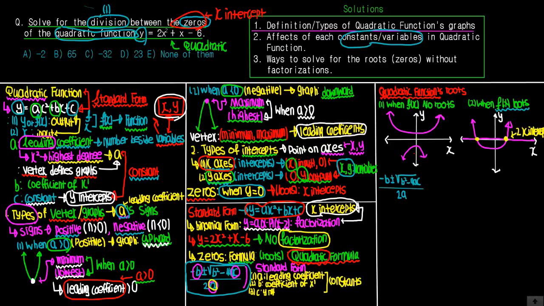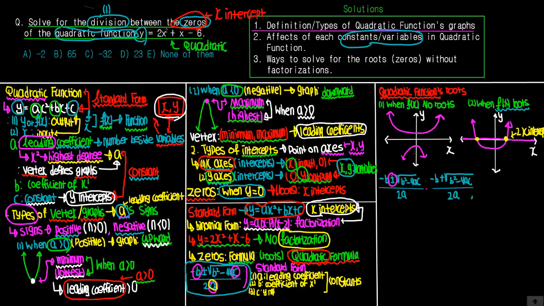So there are two cases, defined by our plus or minus sign. This is the same as splitting our terms. There will be negative b plus square root of b squared minus 4ac, all over 2a.